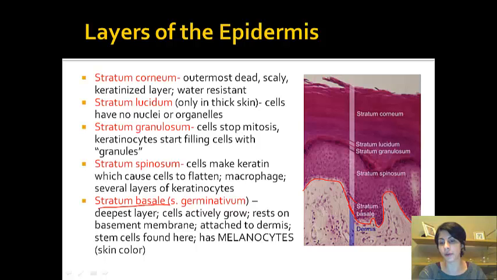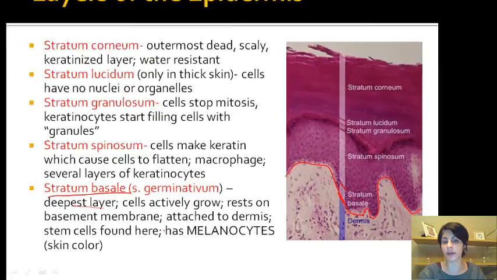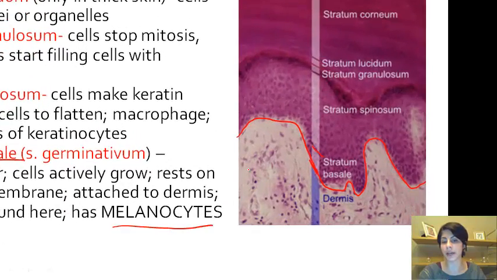You can figure out where the stratum basal is. This is the deepest layer of the epidermis, where cells are the most active in mitosis. It rests again on the basement membrane, and this is where melanocytes that give you your skin color are found. These melanocytes produce the pigment melanin.